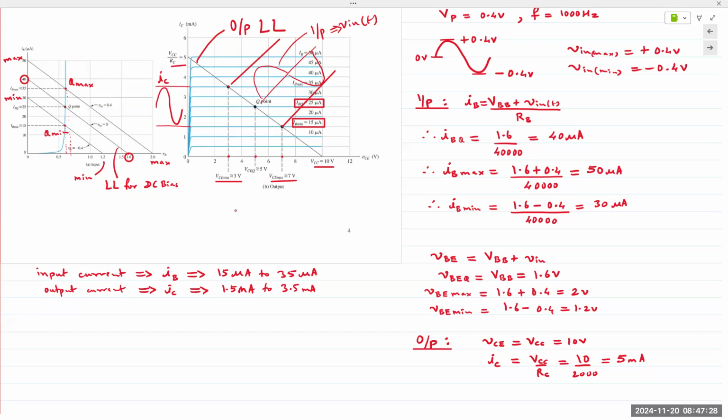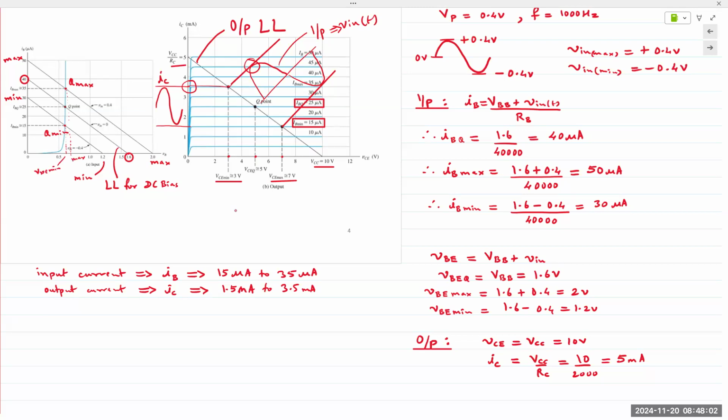When IB, the input current, goes max, the corresponding point is right here. You have VBE also at max, and VBE min.